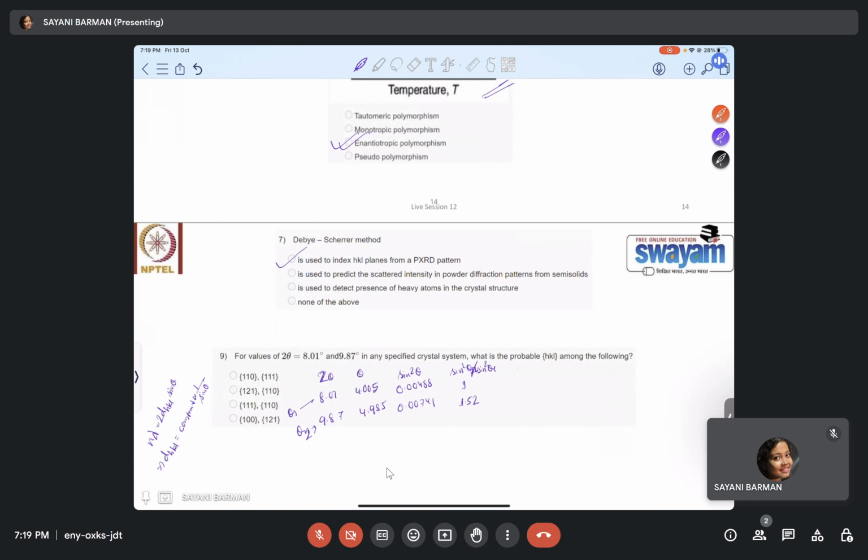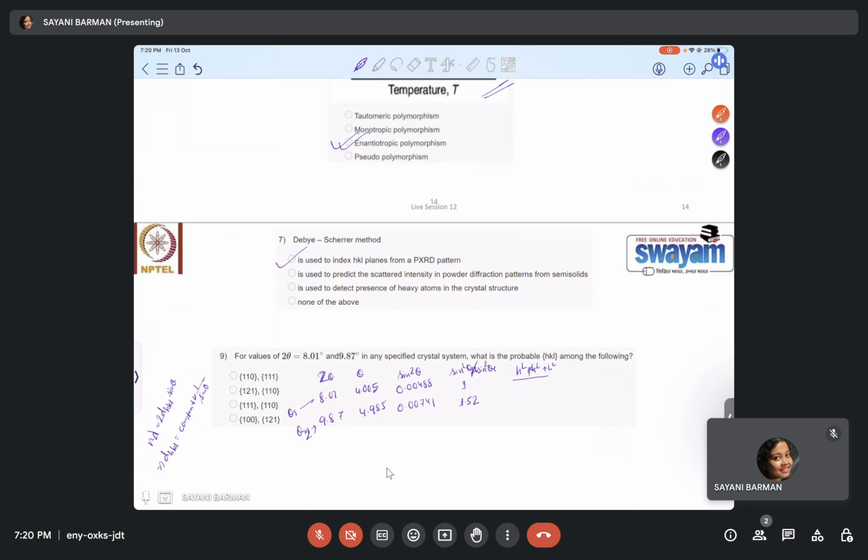Now we'll do h square plus k square plus l square. The sum of the values cannot be 1, right? Because all have some certain value.